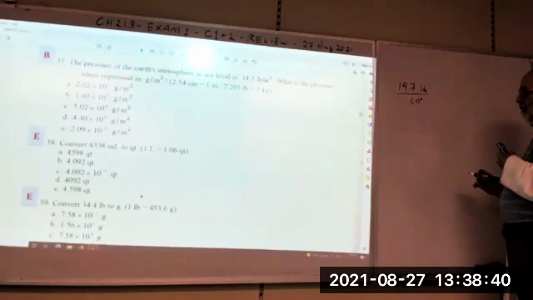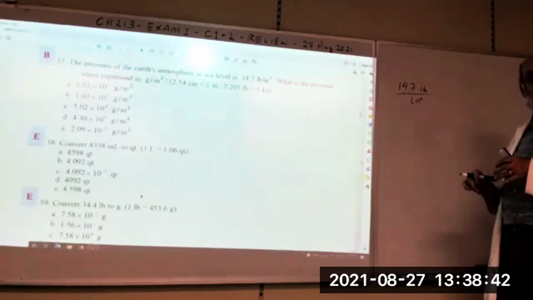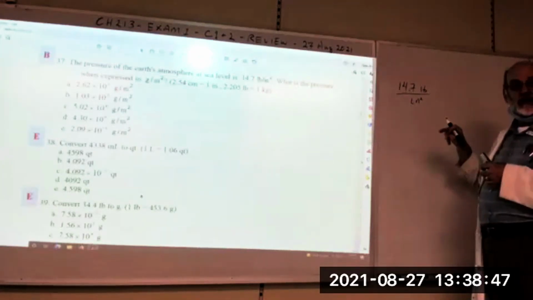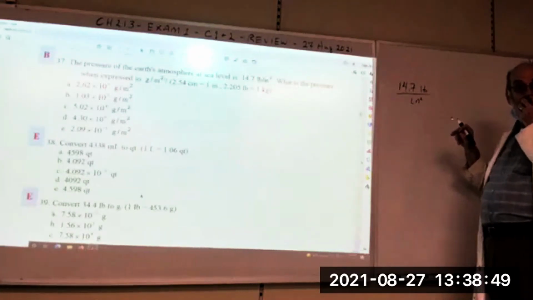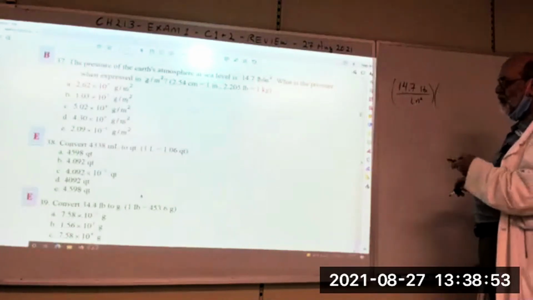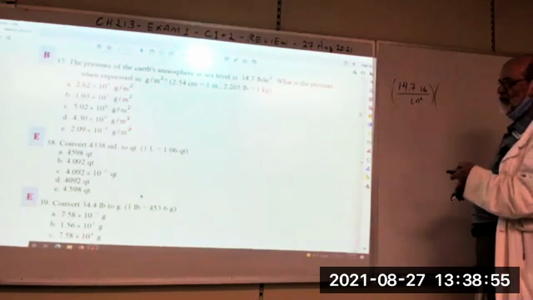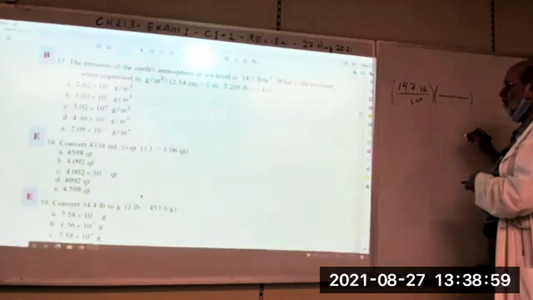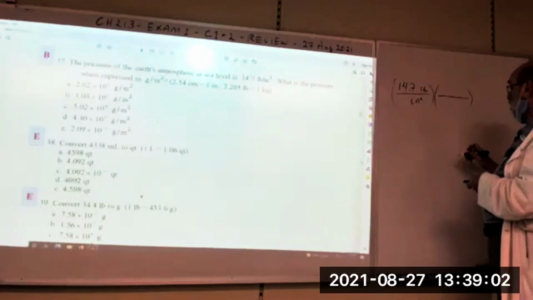So when you have a dimensional analysis problem like this, where you're going to have this change to a unit and that change to a unit, you do one at a time. So we're going to work on pounds first. We're going to convert pounds to grams. So do we have a conversion? Pounds to kilograms?